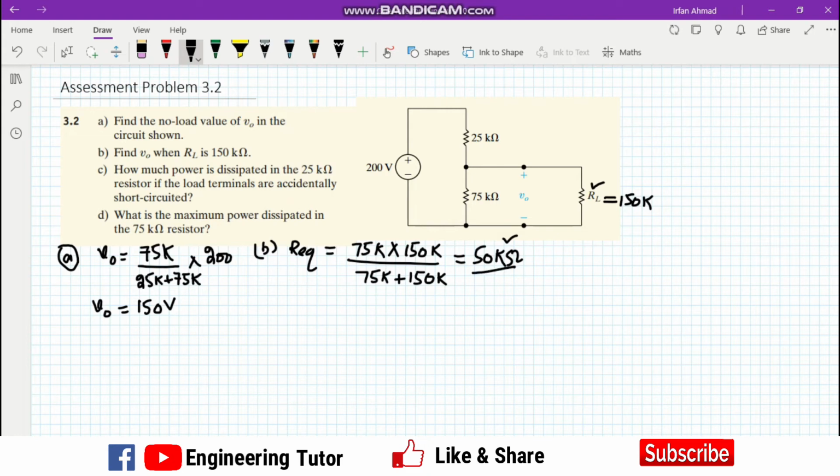When the resistance decreases, the voltage dissipation across this resistance will also decrease. So this is basically the loading effect. Okay, so how much is it decreased?